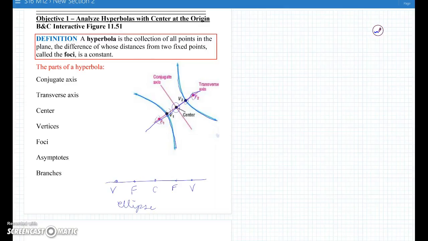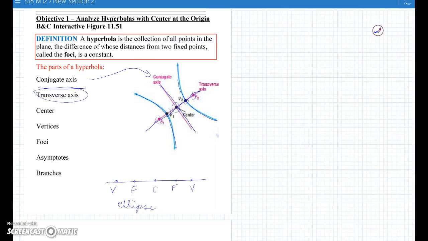So the line that goes through all those points is called the transverse axis. It cuts through 2 points on the graph called vertices, the 2 focus points called foci, and the center. The line that's perpendicular to the transverse axis through the center is called the conjugate axis.